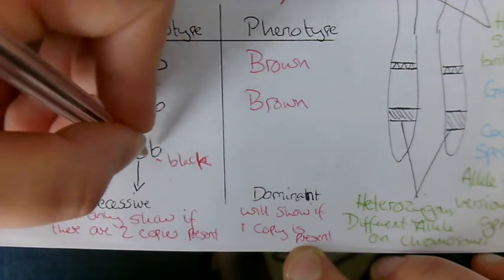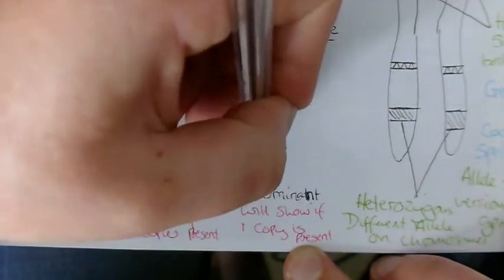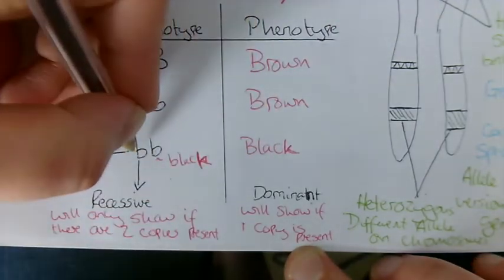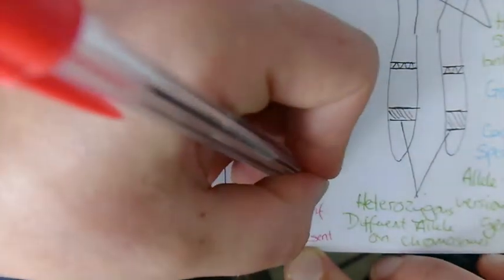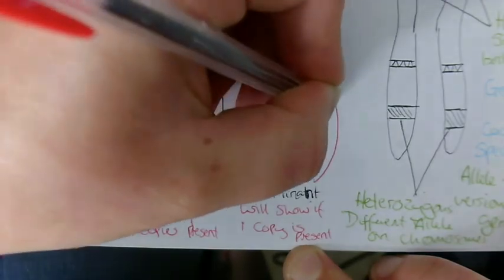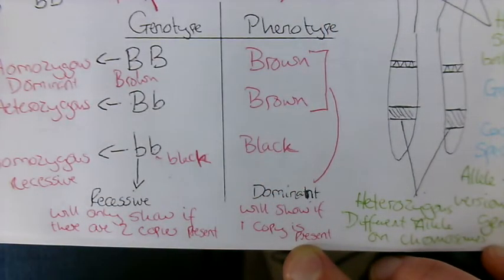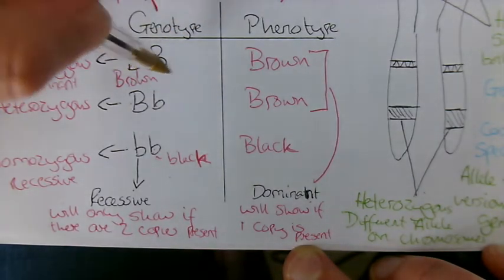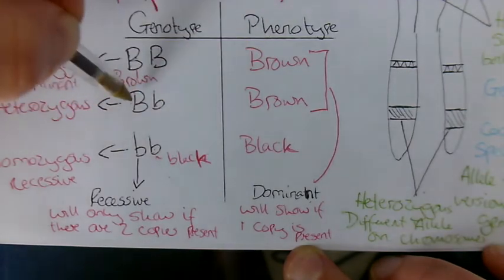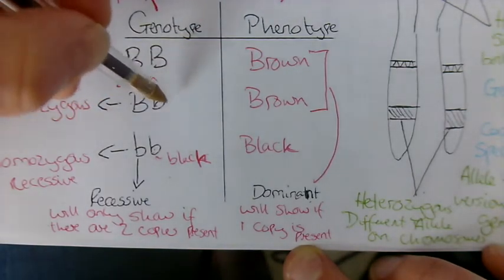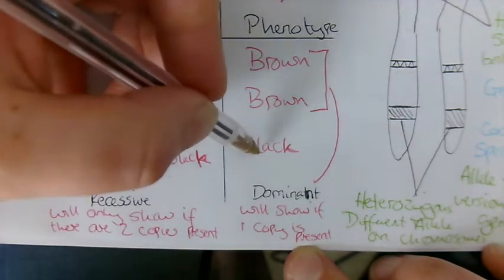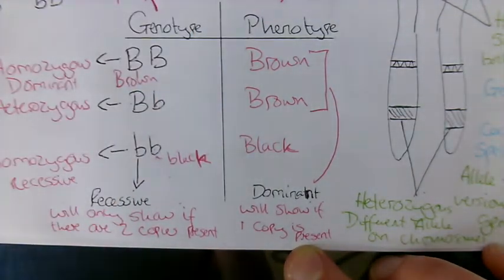Now, if we have little b, little b, we get black because we have two copies present of these little ones. So dominant is these two here. So the visible characteristics that will be seen from our genotype of big B will be brown hair colour, and if we have big B, we're going to have brown hair colour. Little b, we get black, so that is recessive.